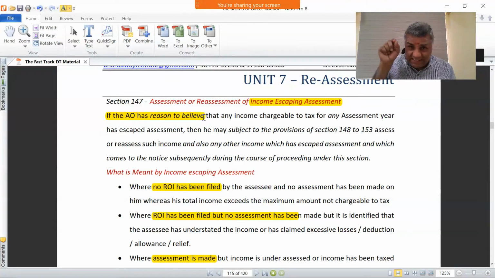If the assessing officer has reason to believe that any income chargeable to tax for any assessment year has escaped assessment. What is income escaped assessment?